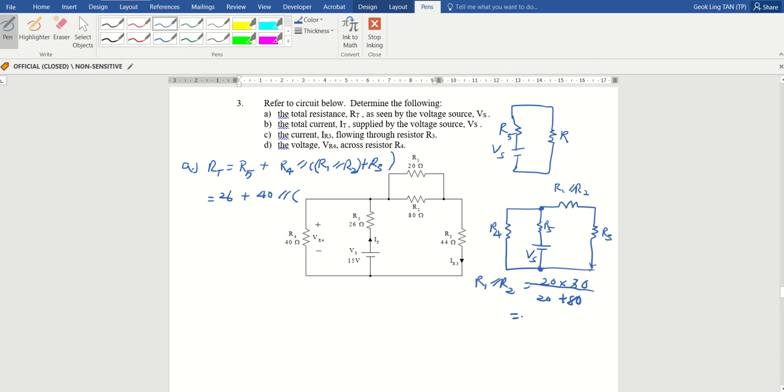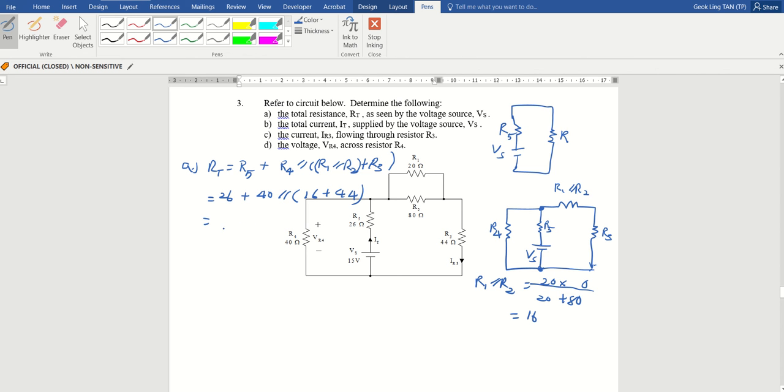So you can work that out. What's the value? It's 16. So you can substitute 16 here plus R3, which is 44 ohm.